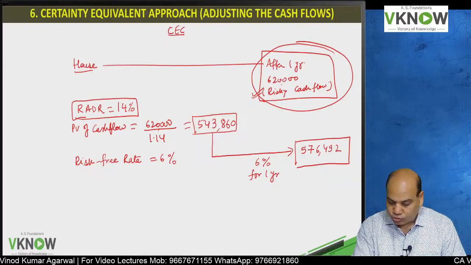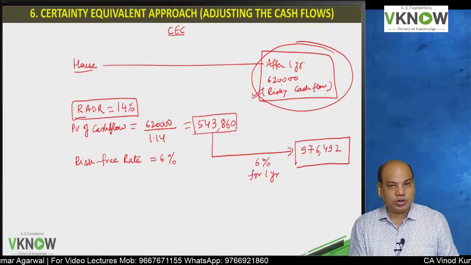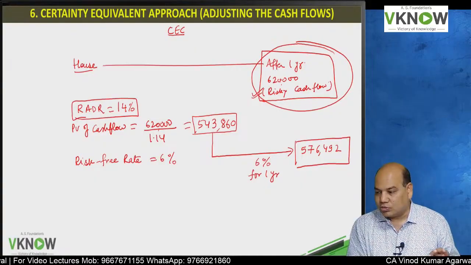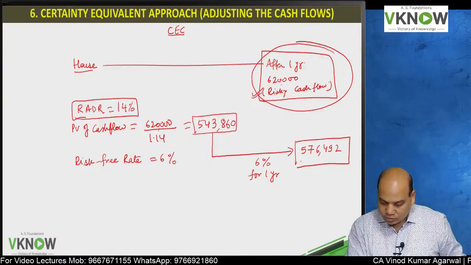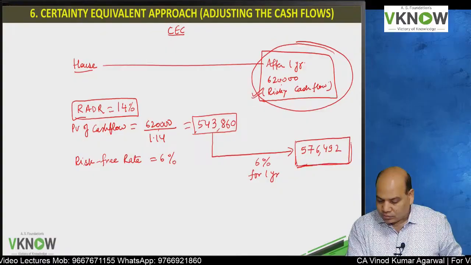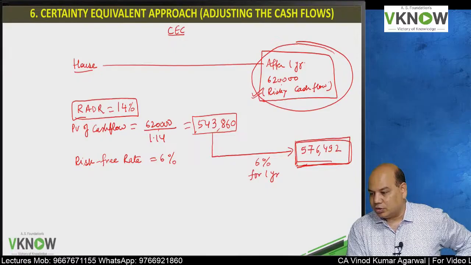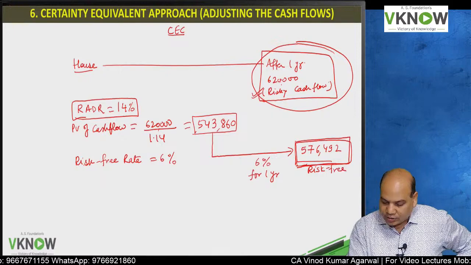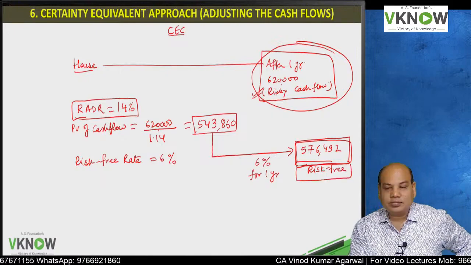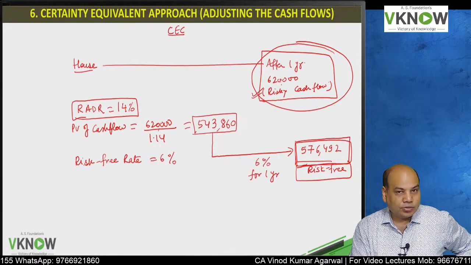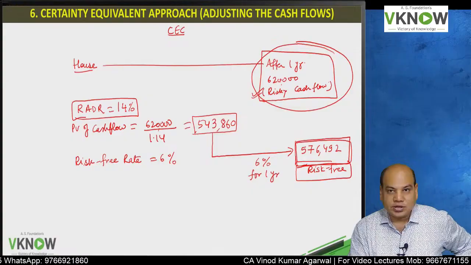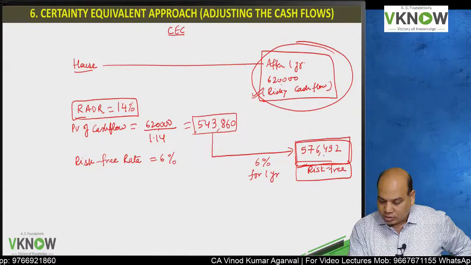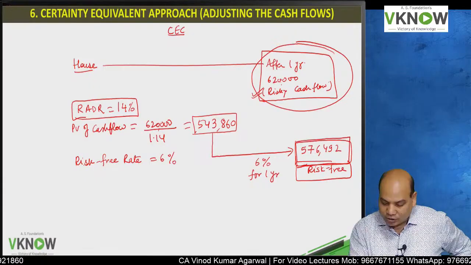My friend is willing to give me an assurance he is definitely going to purchase this house after 1 year. So I am going to charge him 5,76,492 because my cash flow is now risk free. I can sleep peacefully because I know there is a person who is going to purchase this house after 1 year for this amount. So I have no uncertainty element left now.